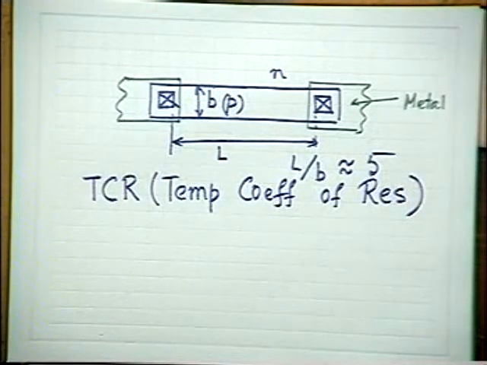Being a semiconductor, you know that electrons and holes can be generated at higher temperature. So if you raise the temperature, conductivity generally increases. And the lower the doping, the more will be the temperature sensitivity of these resistors.